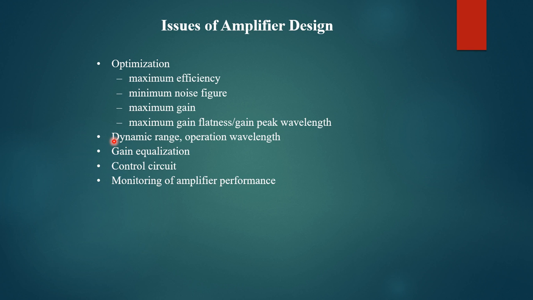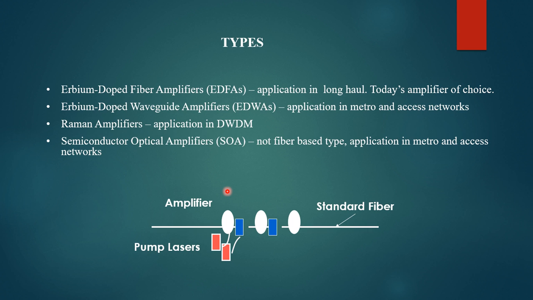We should also take care of the dynamic range and operation wavelength, and gain equalization is also necessary on the transmitter and receiver side. A control circuit is also necessary, and monitoring of amplifier performance is also necessary in order to have a proper amplifier design.